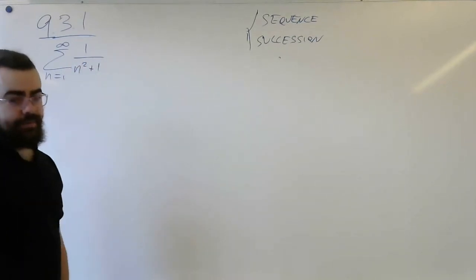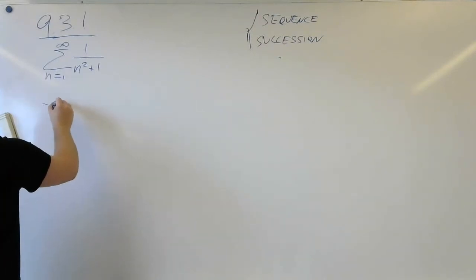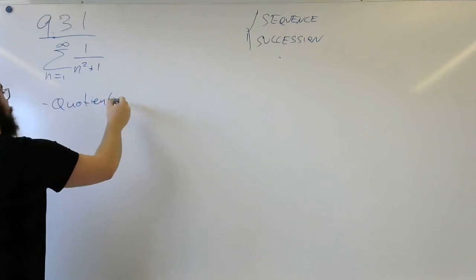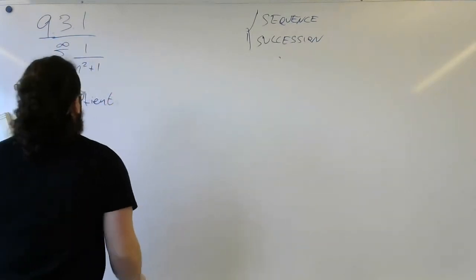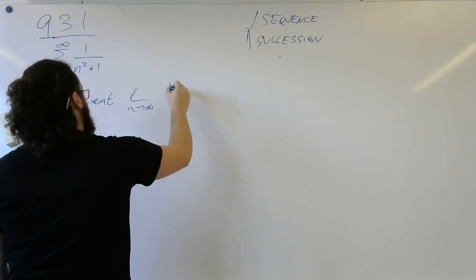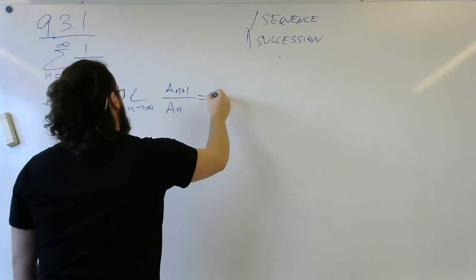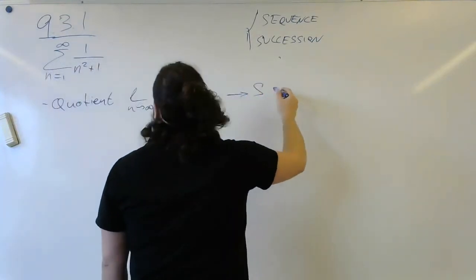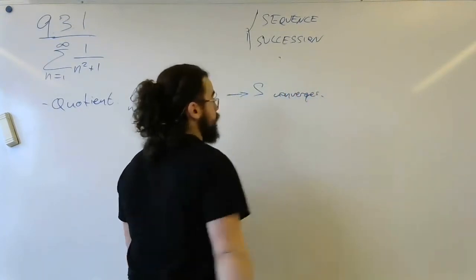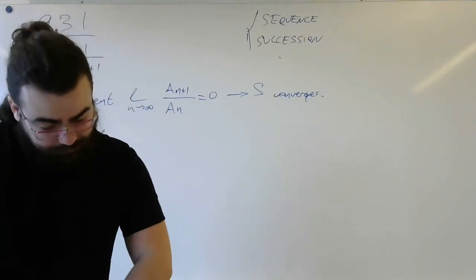We have that thing there, and we have a criterion to determine convergence, which is called the Quotient Criterion, or something like that. And it says that if the limit when n tends to infinity of a(n+1) over a(n) equals 0, then the series converges. If I remember correctly.